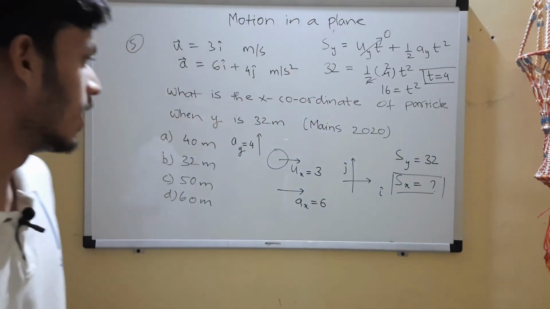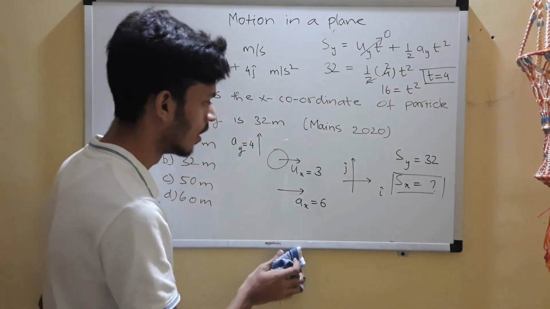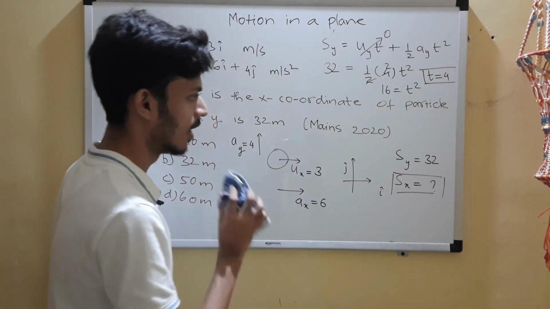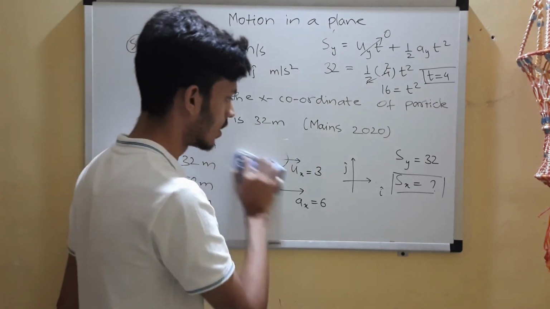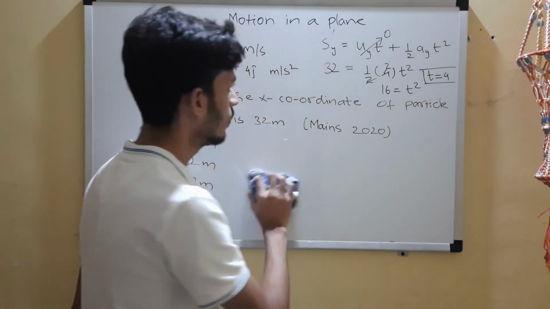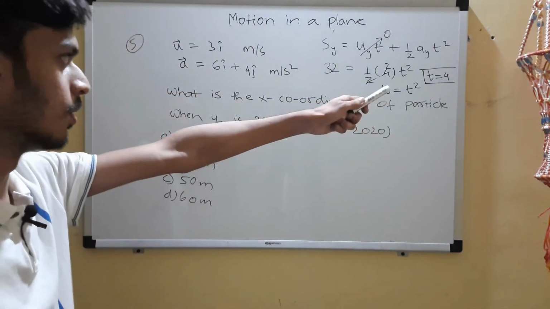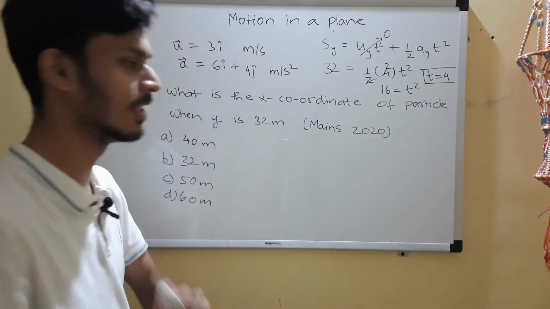Now I told you one interesting thing in 1D, motion in one dimension. So we reached from the first scenario to the time. We found out the time when the displacement in y direction is 32.